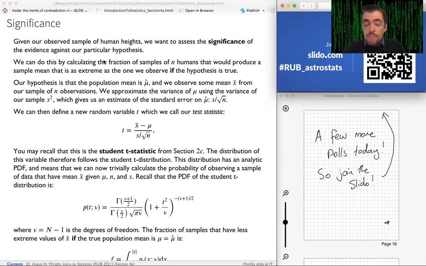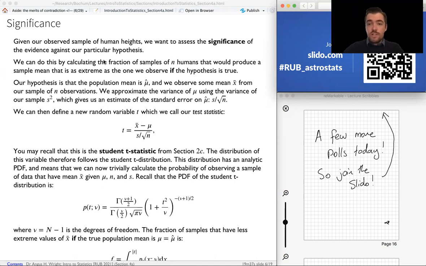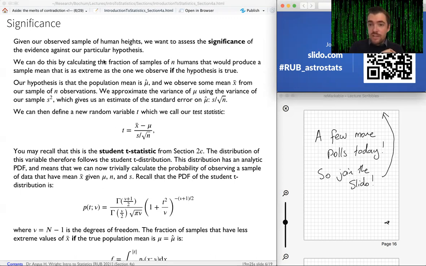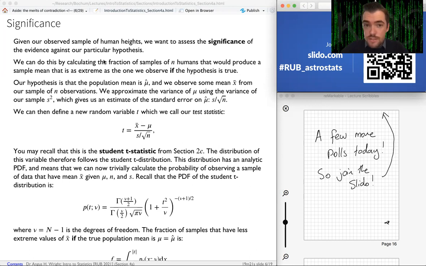Our particular hypothesis is that the true average height of humans is 184 centimeters, and we take some data and we calculate the average of that data, the average height of people in that sample, and we then want to get an idea of how significant the difference between our data and our hypothesis is.